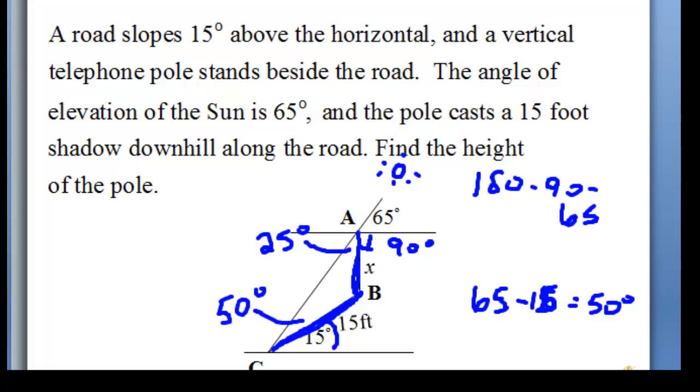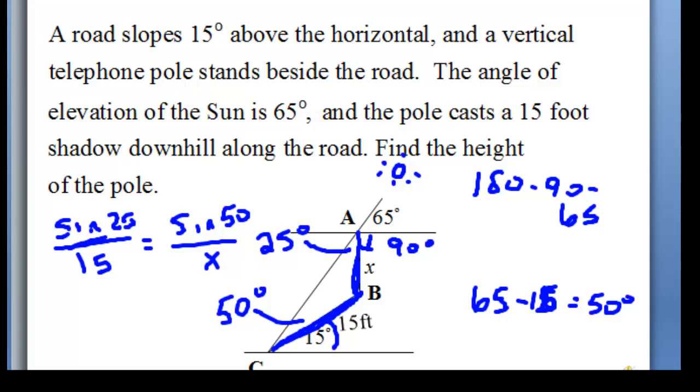Now we have 2 angles and 1 side, and we can solve using the law of sines. We can solve for x, which is the height of our pole. We'll get the sine of 25 over 15 is equal to the sine of 50 over our x.